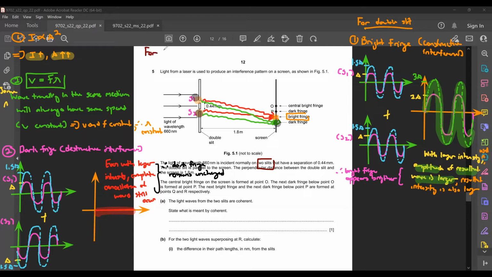Now, we know that for double slit, the equation that you will always use is lambda equals ax over D. So if there are no changes to slit separation a, wavelength, and D, the fringe spacing remains unchanged.